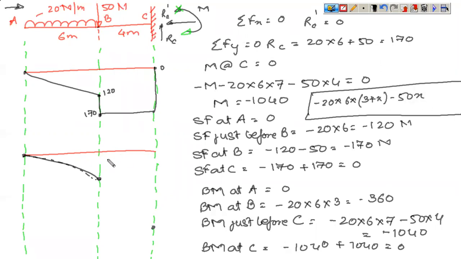Now this is the equation of a straight line. So this will go as a straight line, and then suddenly when it reaches point C, it closes down, and the bending moment diagram is completed. This is 360, this is 1040. Okay, so this is your entire shear force and bending moment diagram for a cantilever beam.